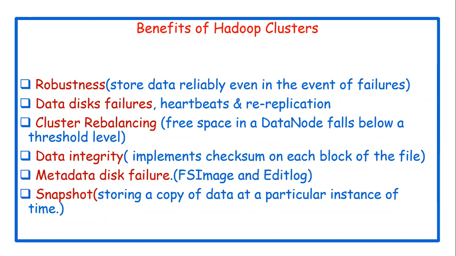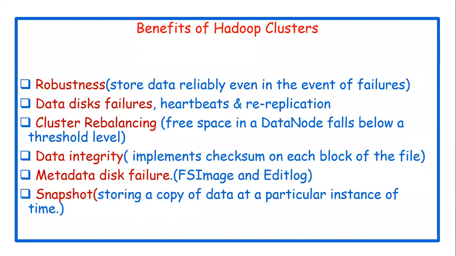Definitely the disk means you store the data on the data node like a disk, so the data disk is going to face failures. But we have a concept called heartbeat, and a replication concept. These two approaches support us to handle those failures in the exception case or rare situation.